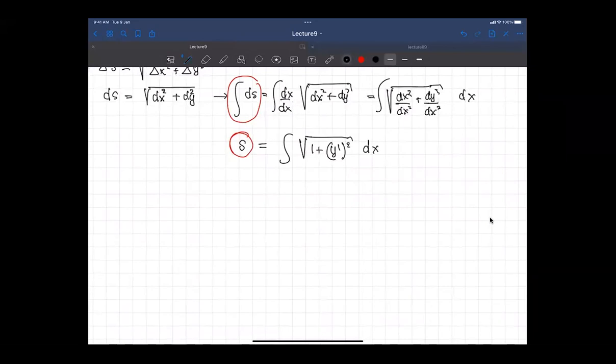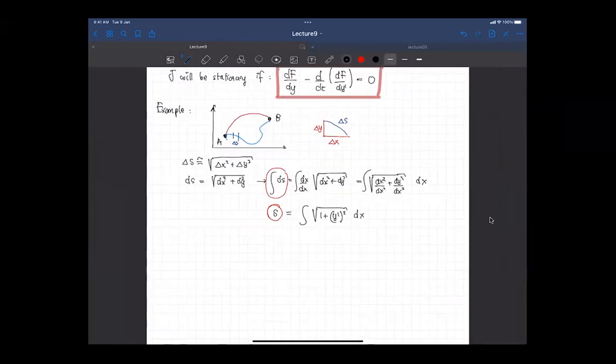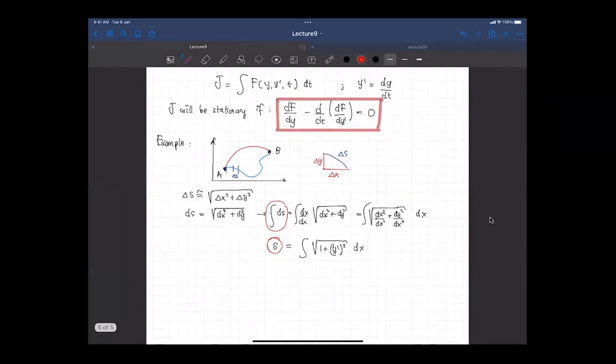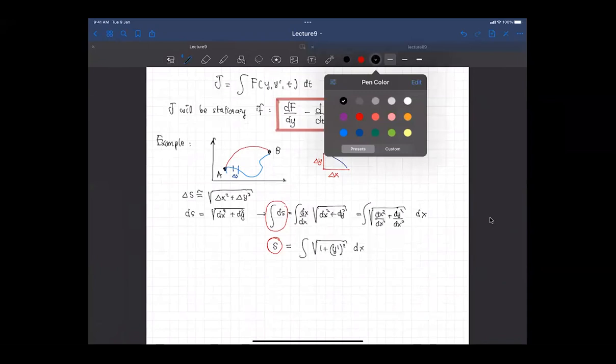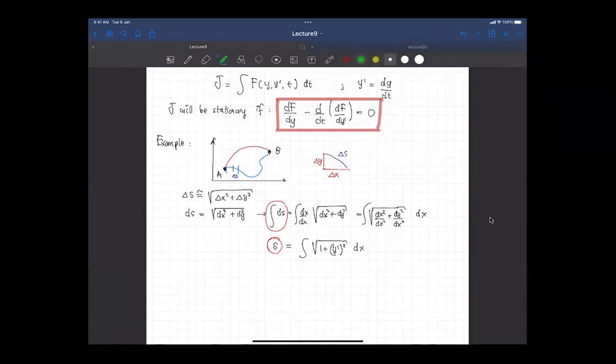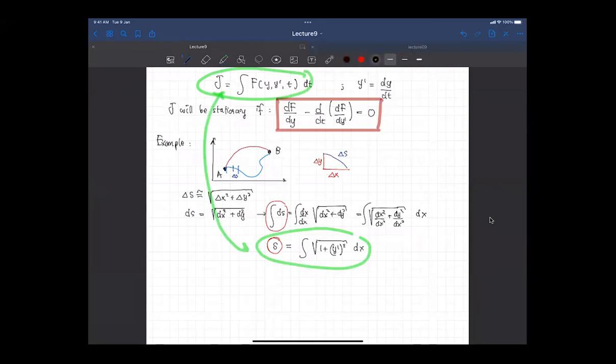We want to solve the right term. The right term here is similar in form to the Euler-Lagrange equation. If you compare this and this, they are similar; we are already in the same form. S here, of course, is J. F is actually the square root of 1 plus y prime squared.